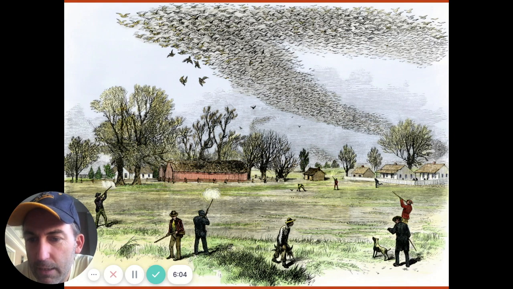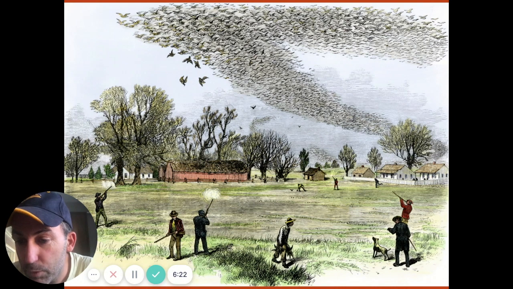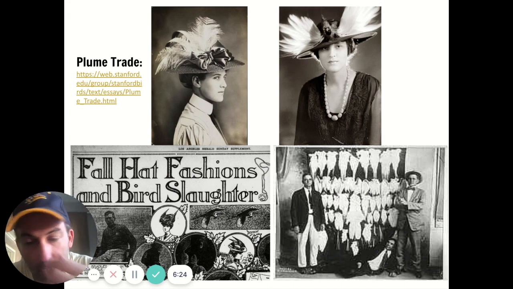It used to be that on the East Coast during their spring migration, they'd fly north in flocks that would block out the sun for days at a time. And people would shoot shotguns loaded with a special kind of shotgun shell that would take out sometimes 20 or 30 passenger pigeons with one shot. And they were driven to extinction.